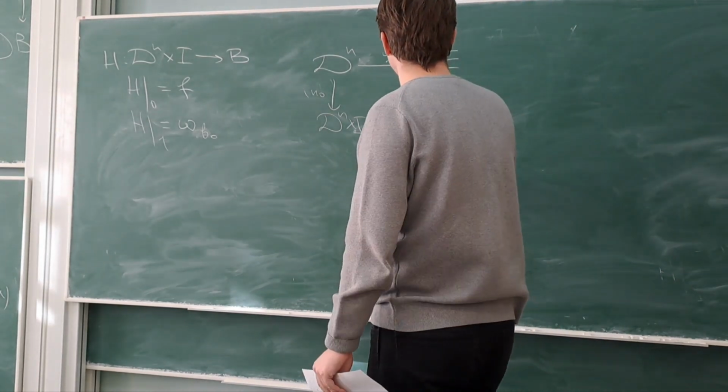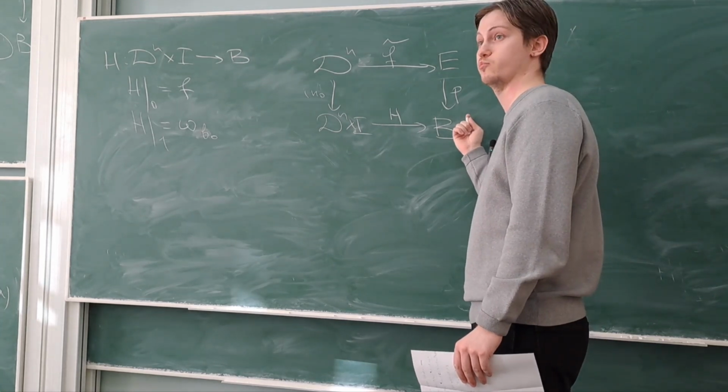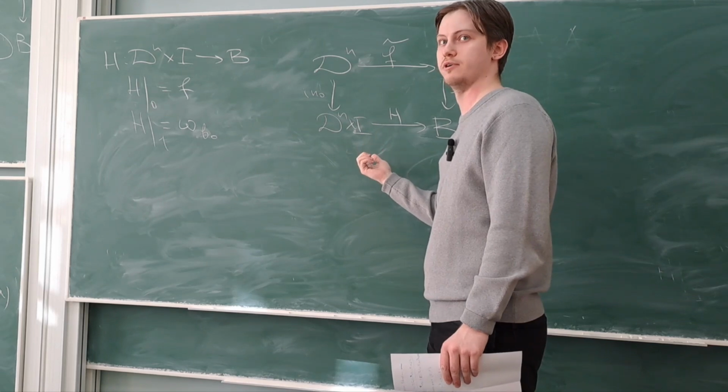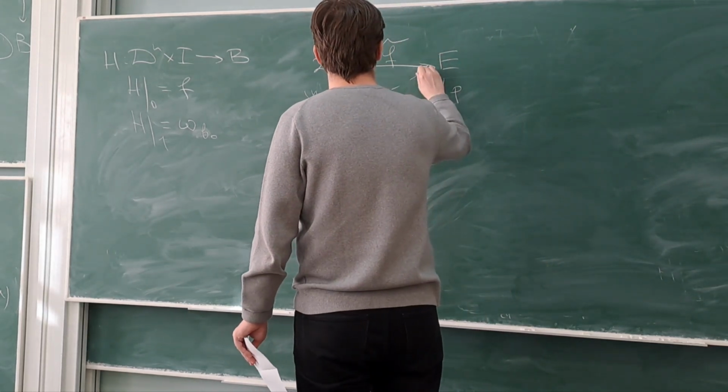Then, as we know, this is a fibration, so it satisfies the homotopy lifting property for disks and even for every cellular pair, as we proved. There exists such a lift.